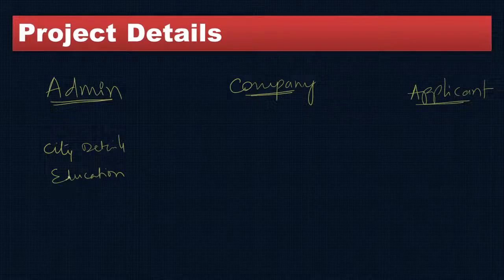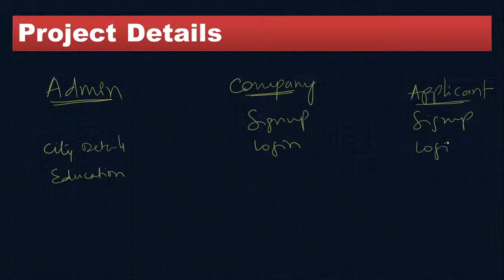Then the company can sign up here and log in. In the same way, the applicant can sign up and log in. The company is important here because they need to post jobs, the job vacancies that they have.